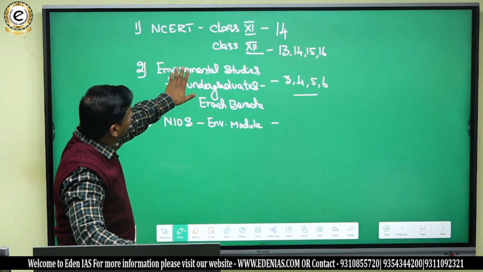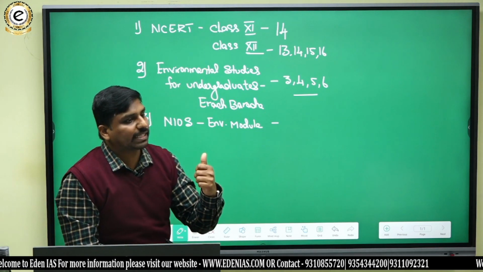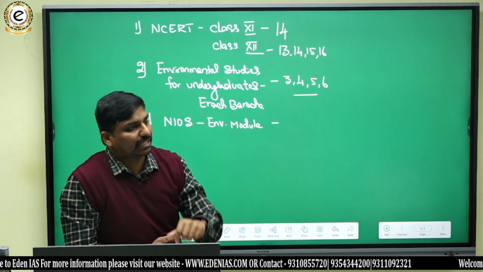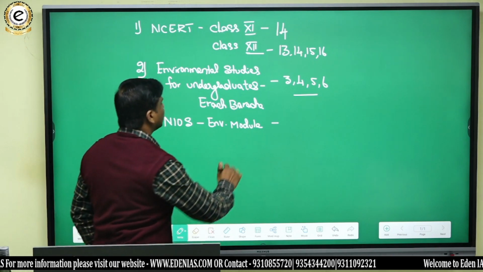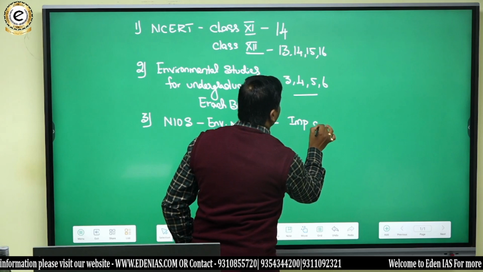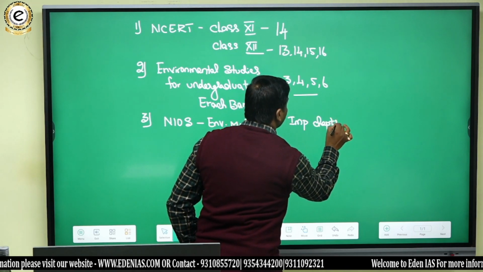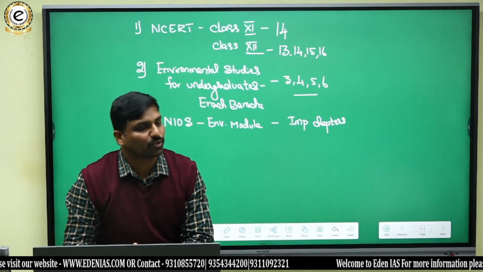Whether you read Bharucha or not, you have to download this NIOS material and study it and enrich yourself. Some important chapters, you can see the headings and read that. So that is one important source.